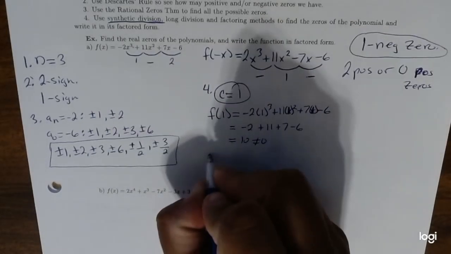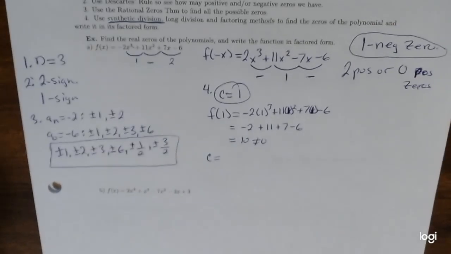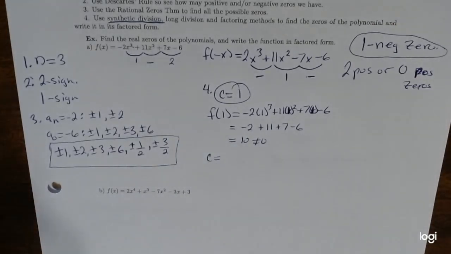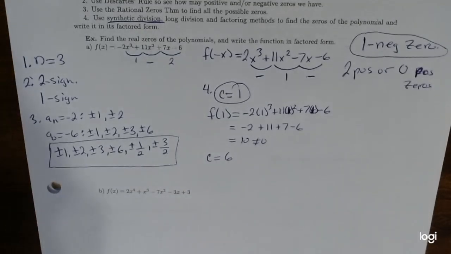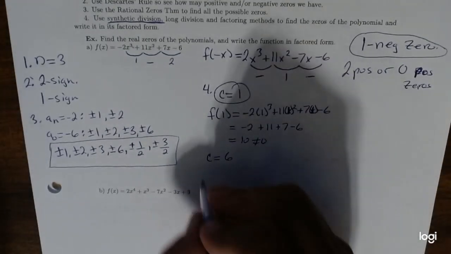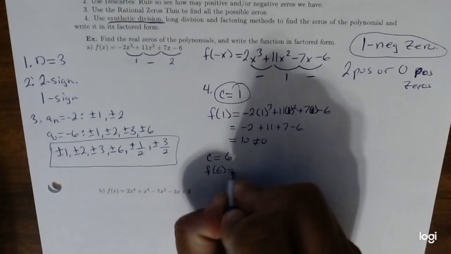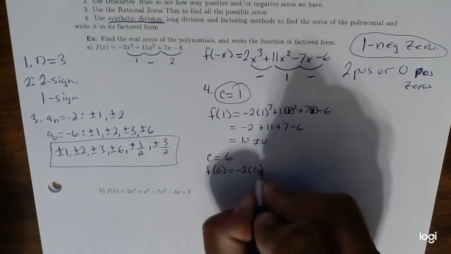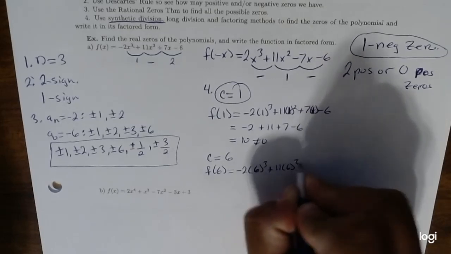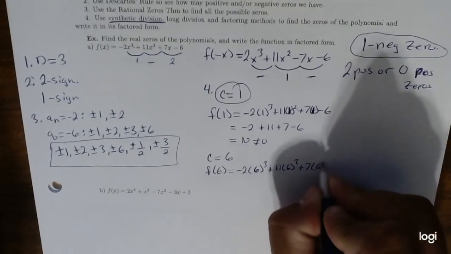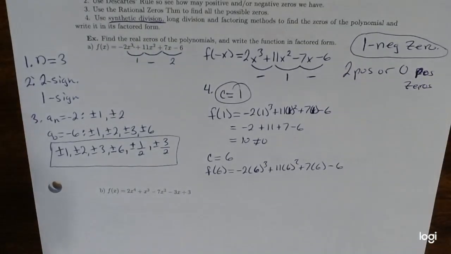And again, now we just guess again. It's literally a guessing game at this point. Let's try 6, for fun. So we plug in 6. f of 6 will be negative 2 times 6 to the third power, plus 11 times 6 squared, plus 7 times 6, minus 6.